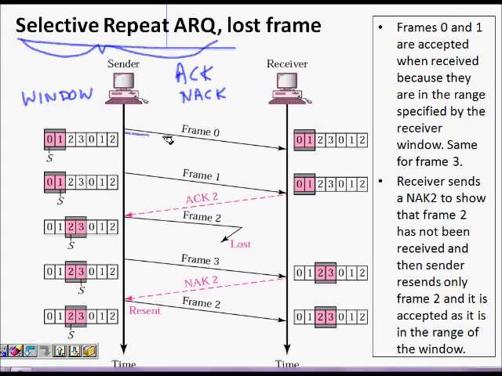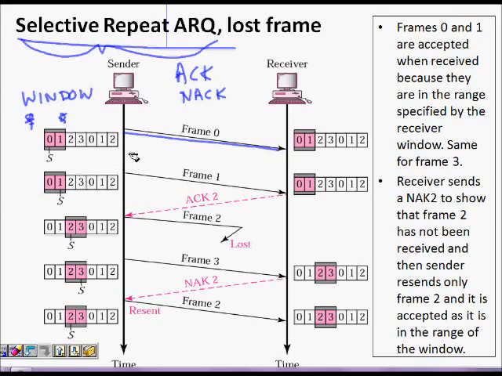This window has SF and SL, which is the window size. S represents the last frame that has been sent. So S is 0 means that in this window I have sent frame 0. I am expecting an ACK, and the ones after S in the window are the packets I can send but have not sent yet.